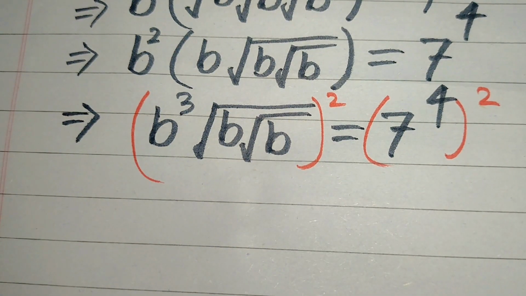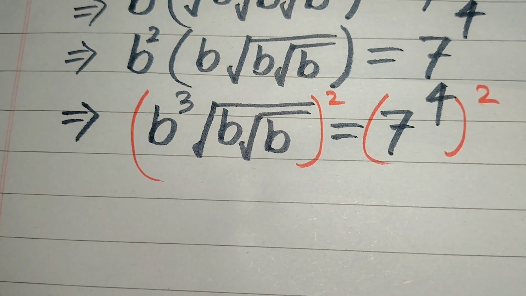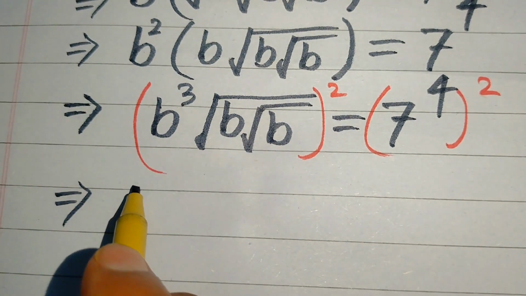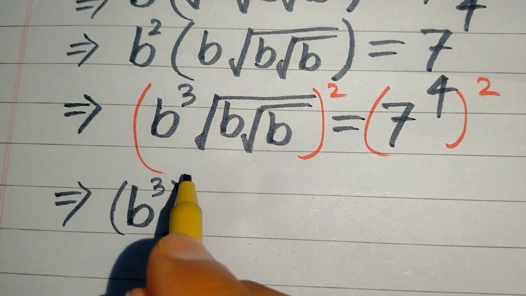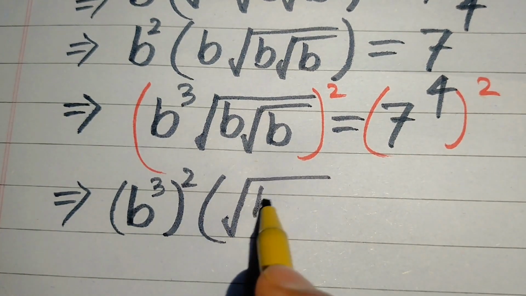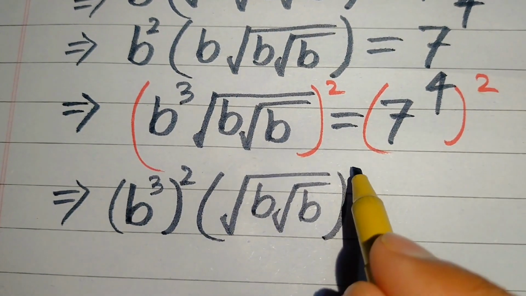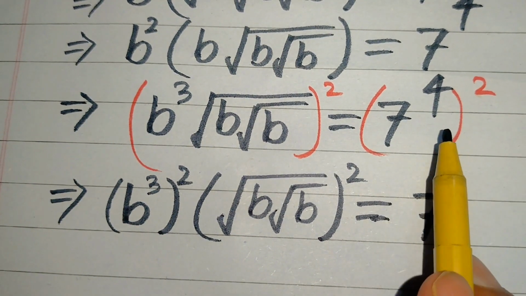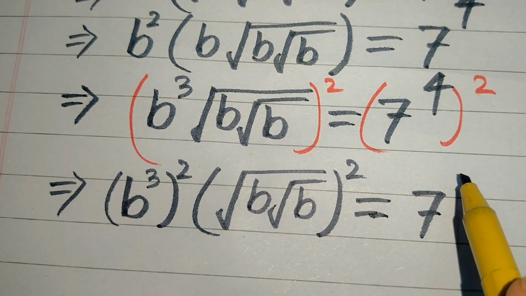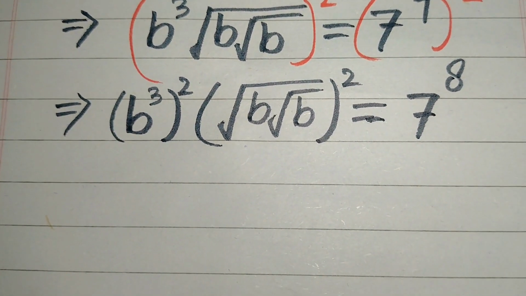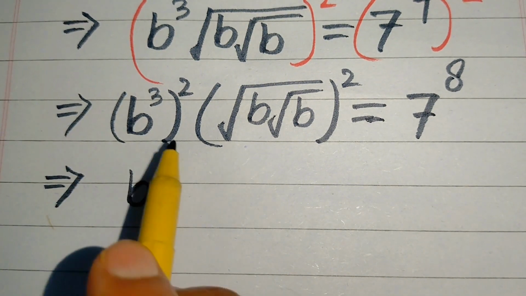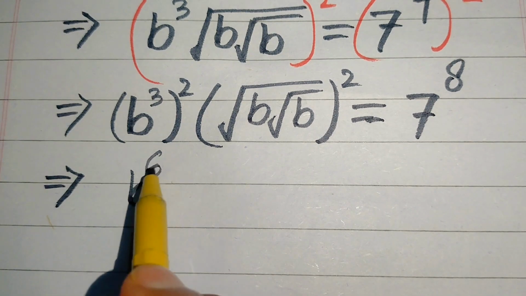Here we apply squaring on both sides, and this will be written in this form. Further, you see that we again use the above two algebraic rules. According to this, first we apply this square exponent on both of these values, and we get b cubed and its whole square into the square root of b into square root of b and its whole square is equal to 7 to the power of, we have exponent to the exponent, so 4 times 2 becomes 8. Now we need a little more simplification on the left hand side, and we get b to the power of 3 times 2, which becomes 6.